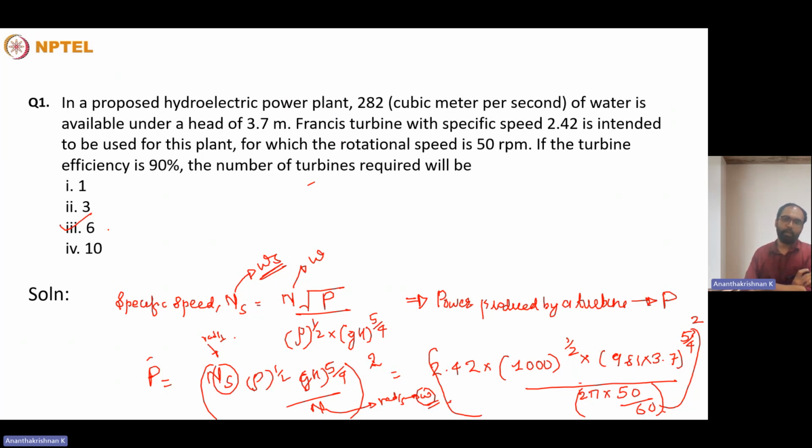And from that we'll get the power which is produced by an individual turbine. Based on the efficiency, we can calculate the power which is produced by all the turbines combined together. And using these two parameters, we can determine the number of turbines required to achieve the overall power.